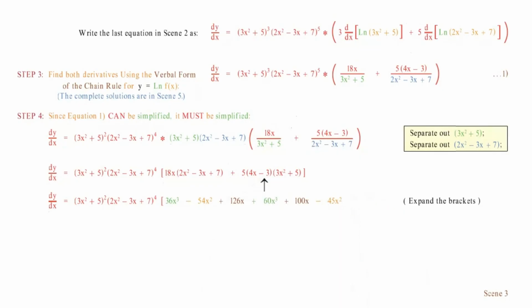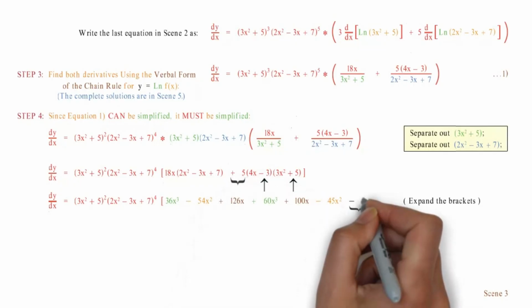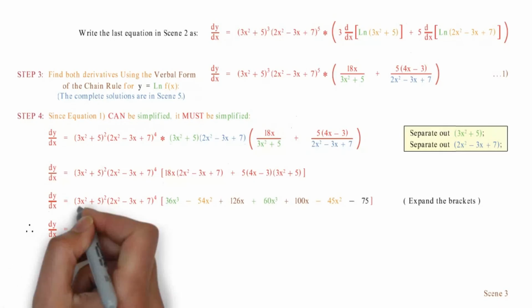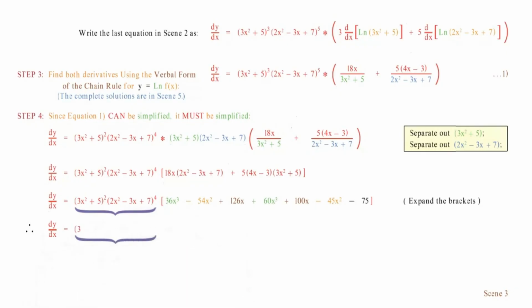Minus 3 times plus 5 is minus 15, times plus 5 is minus 75. Therefore, dy by dx equals bring down.